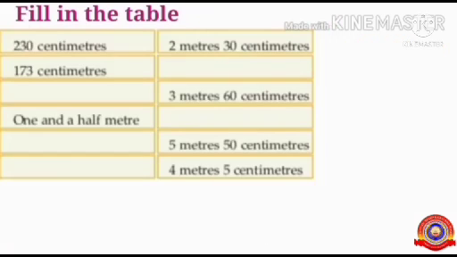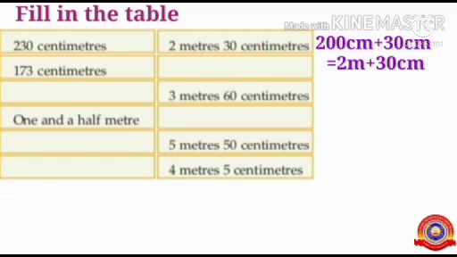Let's do the next activity, fill in the table. First we have to convert 230 centimeters into meters and centimeters. How many hundreds are there in 230? Yes, 2 hundreds. So we can split 230 centimeters into 200 centimeters plus 30 centimeters, which is equal to 2 meters plus 30 centimeters.